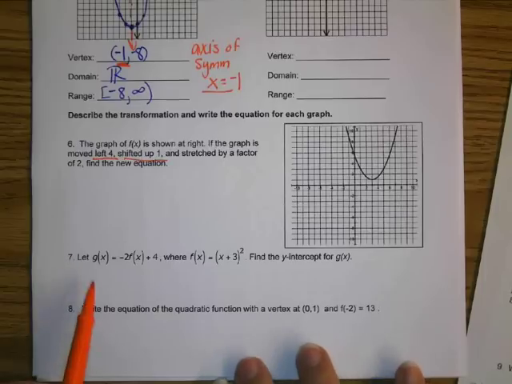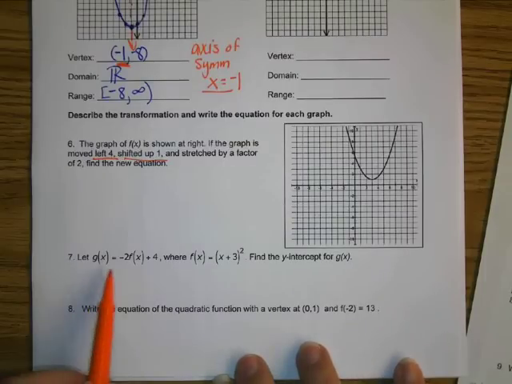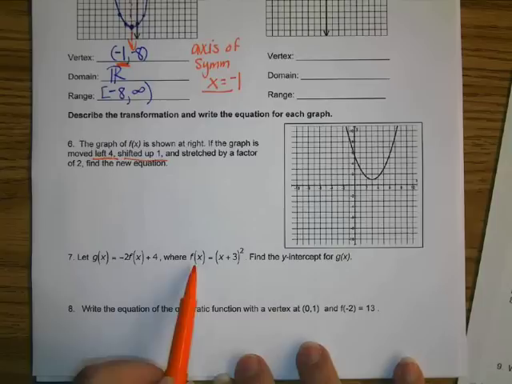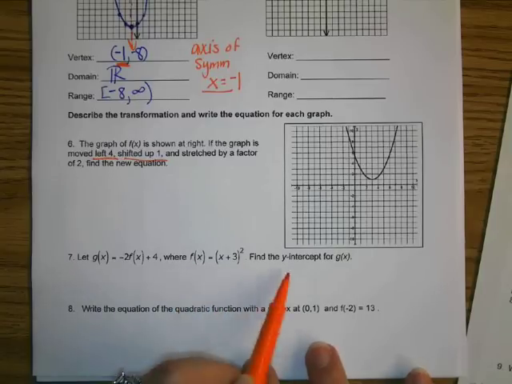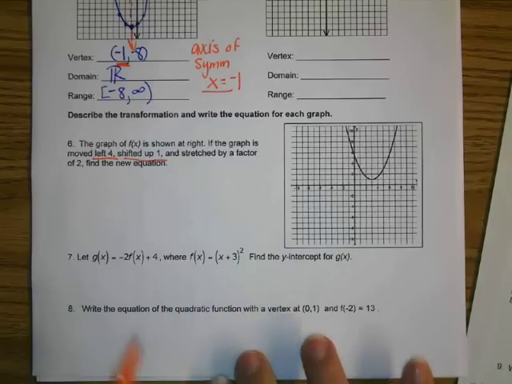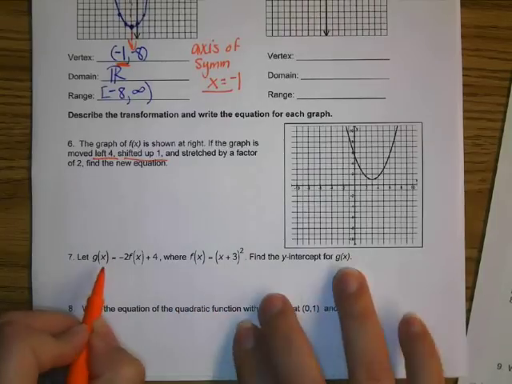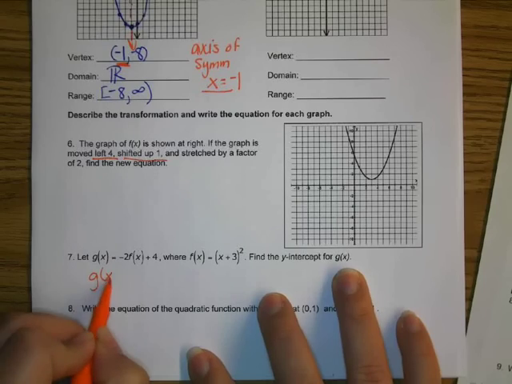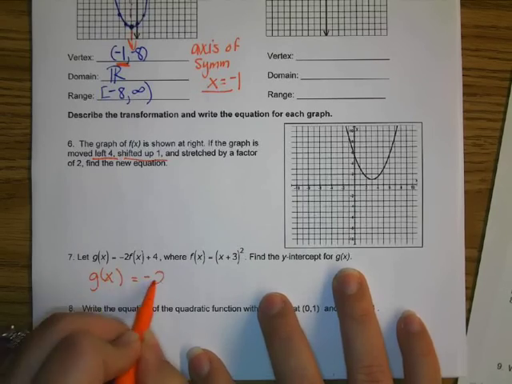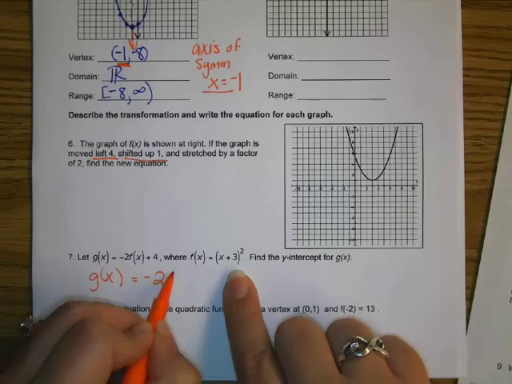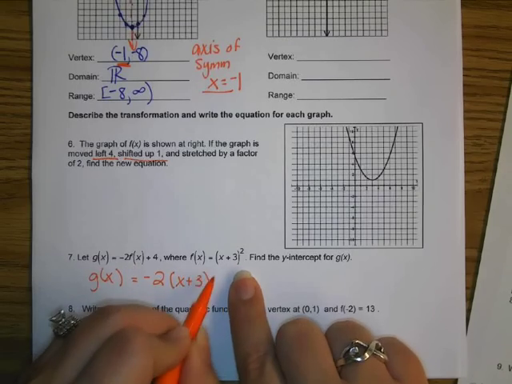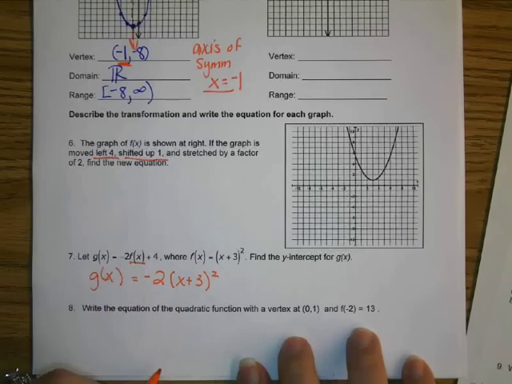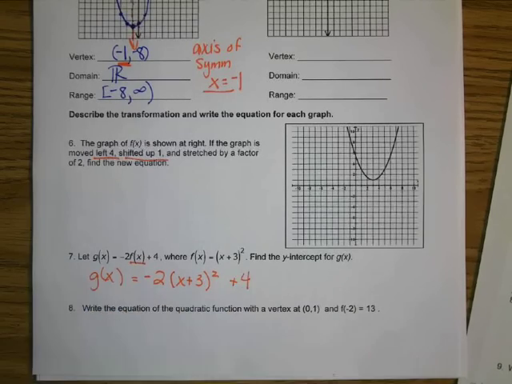It says let g of x equal -2 times f of x plus 4, and f of x is (x plus 3) squared. Find the y-intercept. So we're going to find what g of 0 is. So g of x equals -2 times f of x. Well, f of x is (x plus 3) squared. So I plugged that in, plus 4.